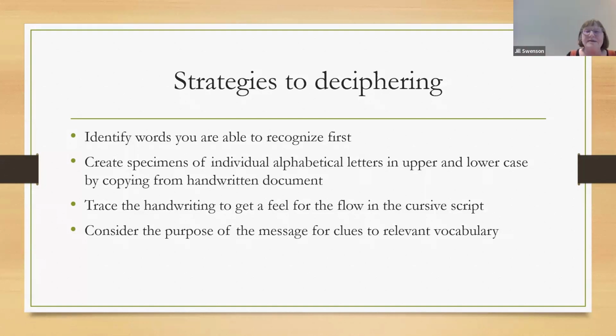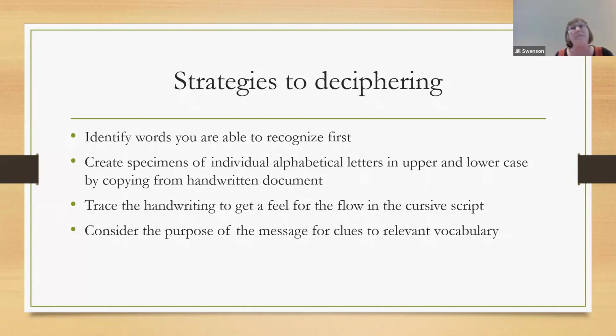Another way is to trace the handwriting itself, put a piece of tracing paper over it and copy it, right? Until you get the flow of it, so you can feel how those letters were coming out of their hand. And finally, sometimes you simply have to consider the purpose of the message for clues to the relevant vocabulary.